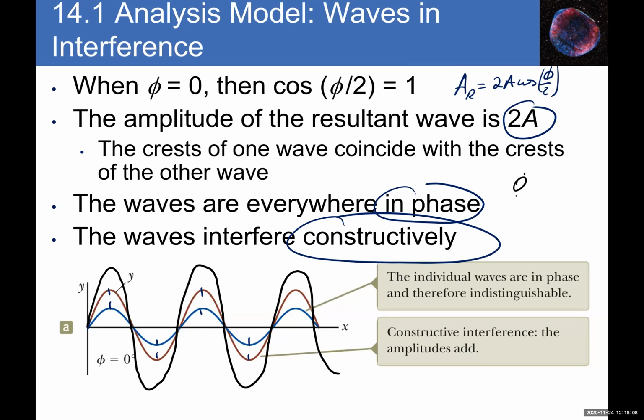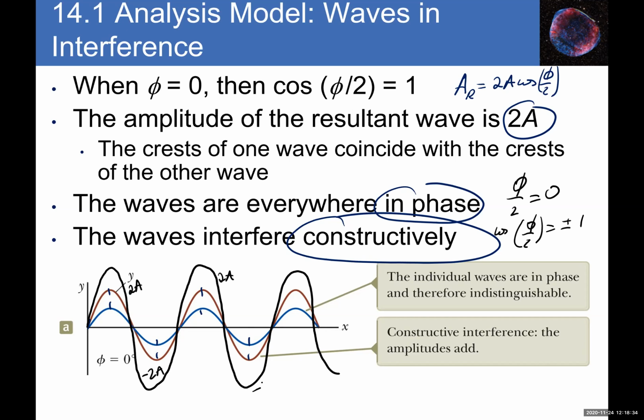The idea is that you want phi over 2 to be 0, so that the cosine of phi over 2 is equal to plus or minus 1 and the amplitude will be 2a. So it's 2a here, or negative 2a there.